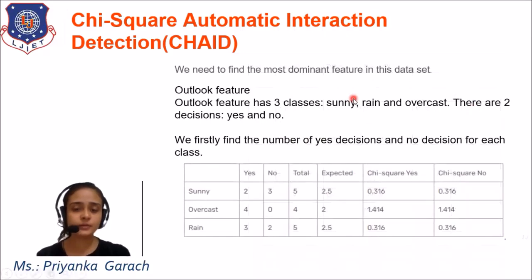We first find the number of yes decisions and no decisions for each class. In the outlook, I have three different classes: sunny, overcast, and rain. So I'm writing it in my table like this. And I have two class labels, yes and no, in my columns. Now for sunny, how many yes are there, and for sunny, how many no are there?